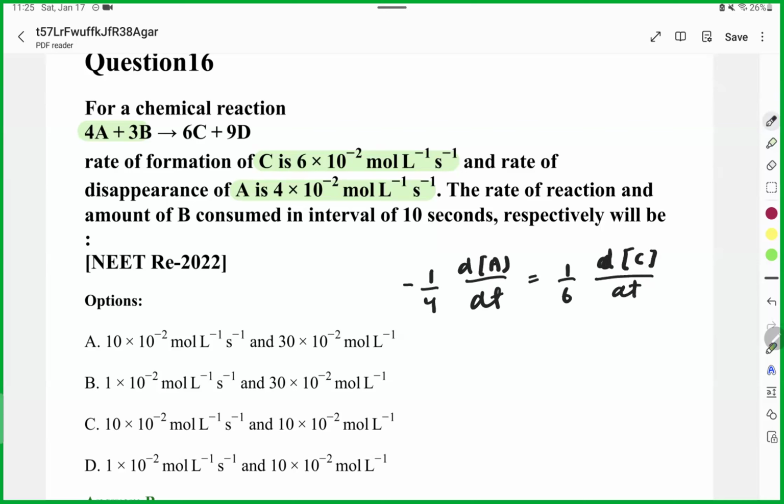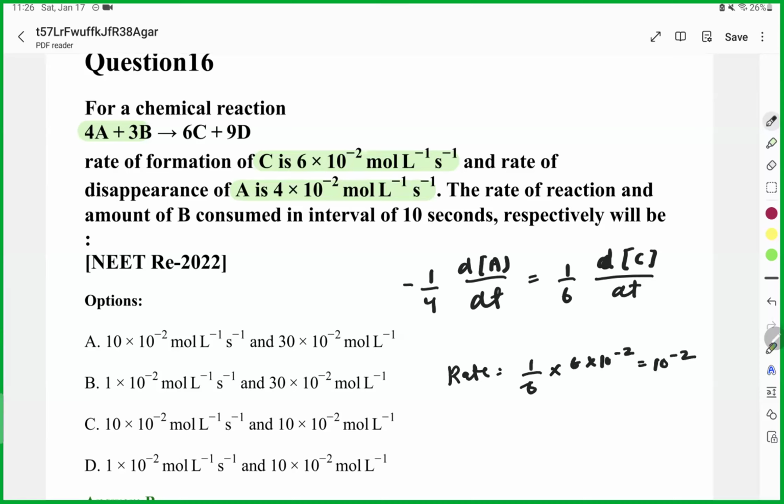Any doubt? So what will be your rate of reaction? Because the rate will be fixed, and the C value is given. So 1/6, what is delta C by delta T? 6 into 10 raised to power minus 2. 6 cancels, so it will be 10 raised to power minus 2.